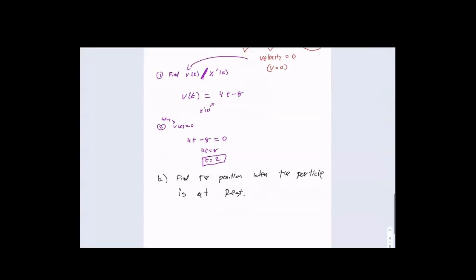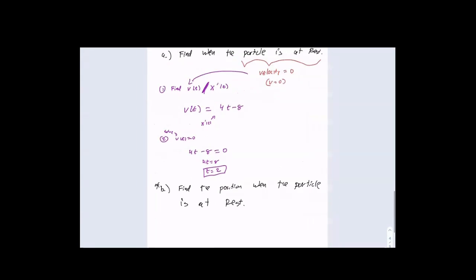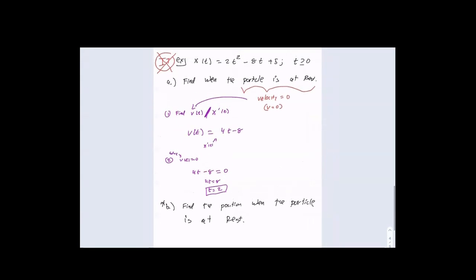Find the position when the particle is at rest. Now, sometimes this question is the only question, and you don't get the previous one. So this one's a really easy problem for us because I already asked you the previous question.